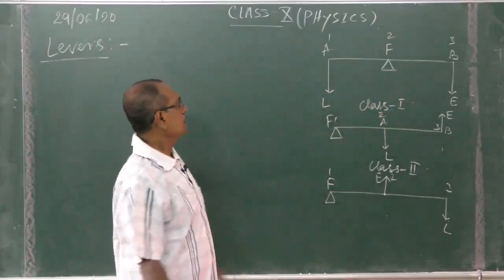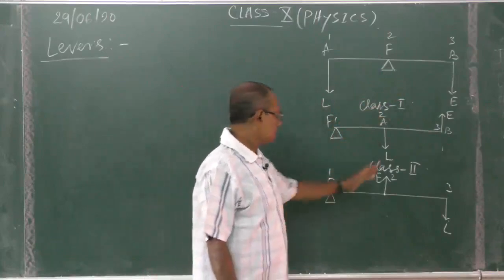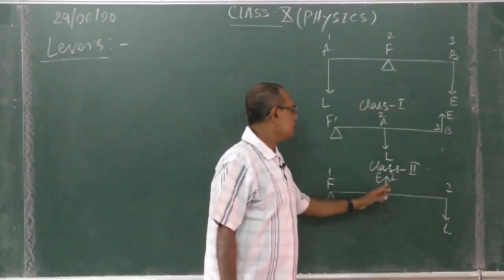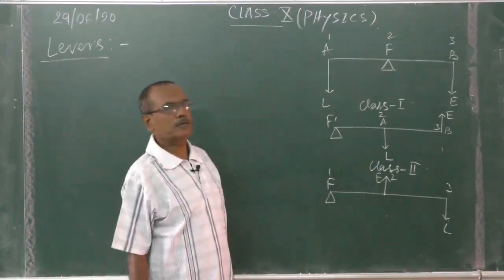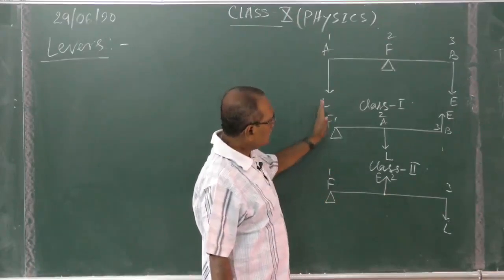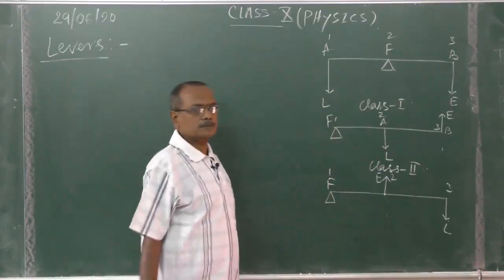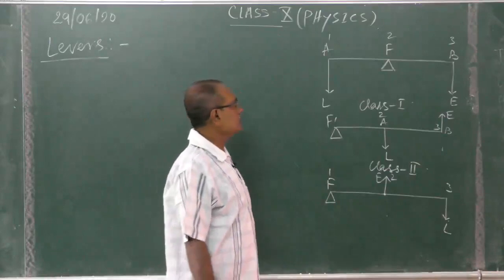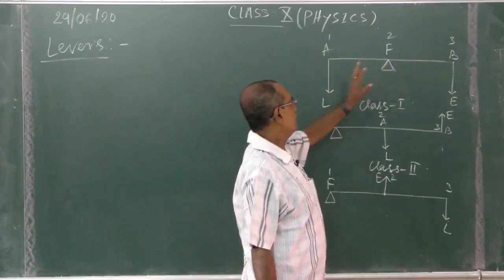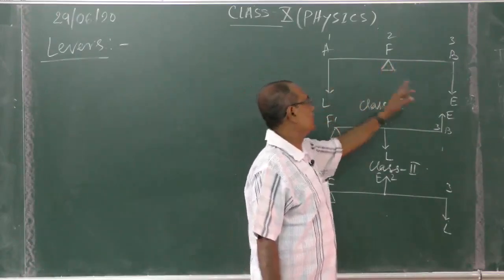Or another way: when the fulcrum is in between load and effort, it is class 1; when load is in between effort and fulcrum, it is class 2; and when effort is in between load and fulcrum, it is class 3. So in these three cases, there are three different types of lever. One thing, the fulcrum may not be in the middle position of load and effort.